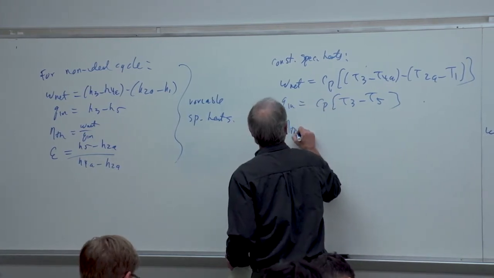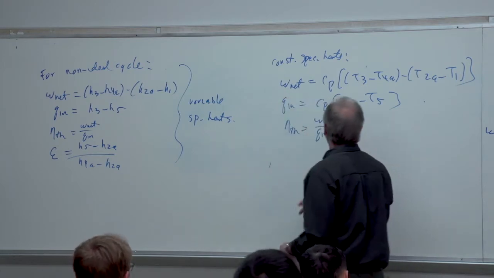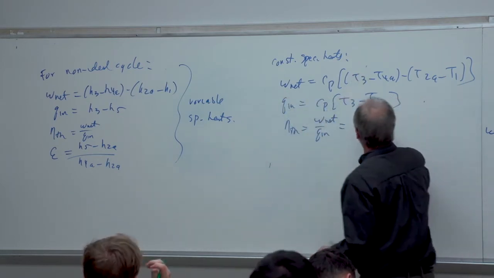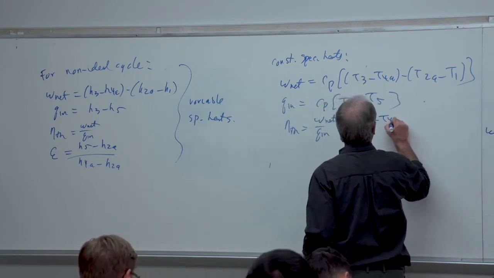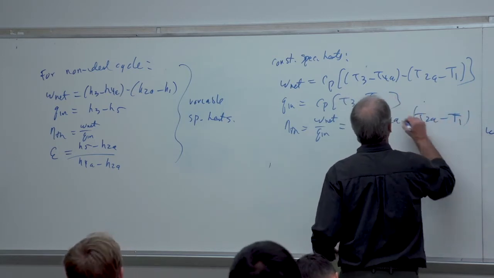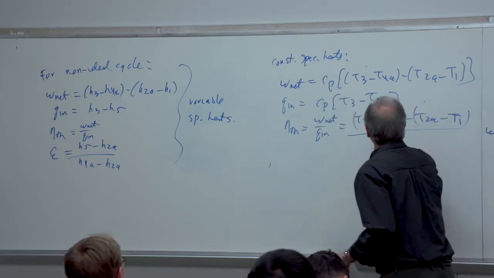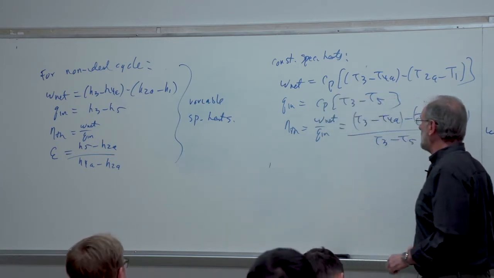And the thermal efficiency, still the same: net work over heat input. But again, the Cp's are going to cancel, so everything is just going to be in terms of temperatures. And we get a T3 minus T5 in the denominator.